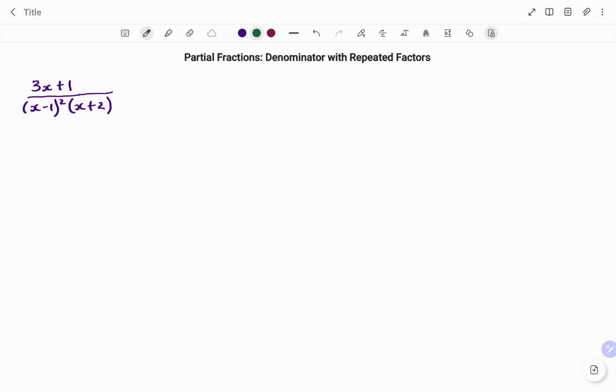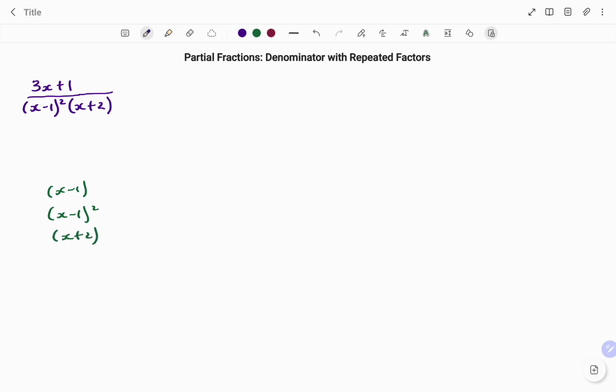In this example, we have 3x plus 1 divided by, in bracket, x minus 1 all squared, close bracket, and in another bracket multiplying x plus 2. If you look at the denominator, we see that there are three possibilities for the factors. We have x minus 1, we have x minus 1 all squared, and we have x plus 2.